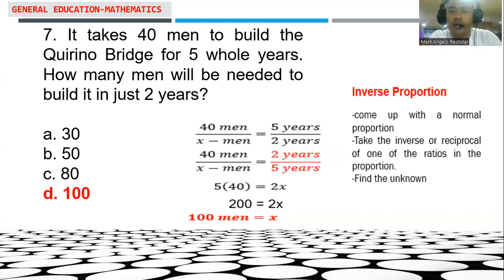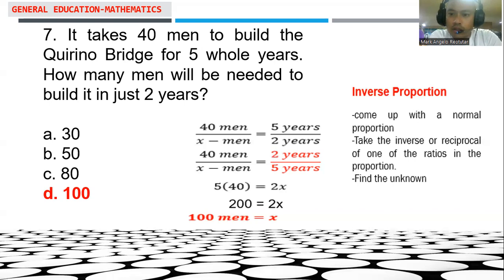So that will be very impractical, di ba? It will be a wrong answer kasi kailangan mas marami, di ba? Mas marami magtatrabaho kasi bibilisan nila yung pagtatrabaho kasi they are only to construct it in just 2 years. So we need actually to apply the inverse proportion for this particular case.